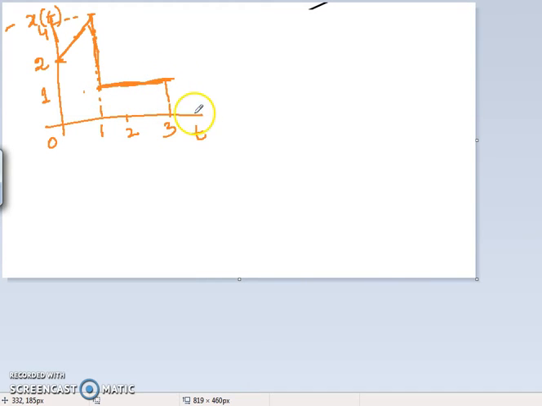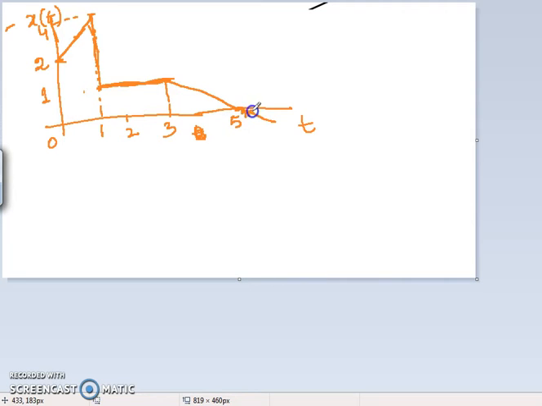And then there is again a slope. Then there is again a slope which is coming towards the time axis, and it is intersecting the time axis at value 5.